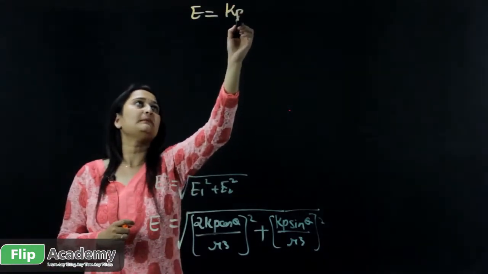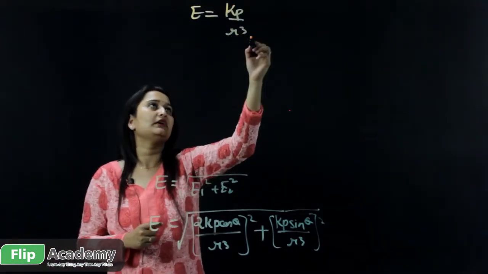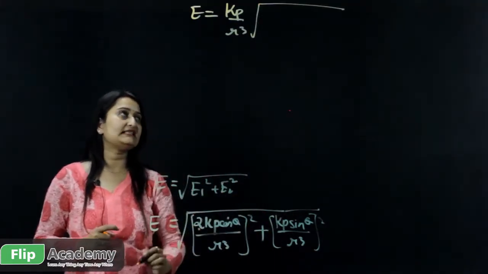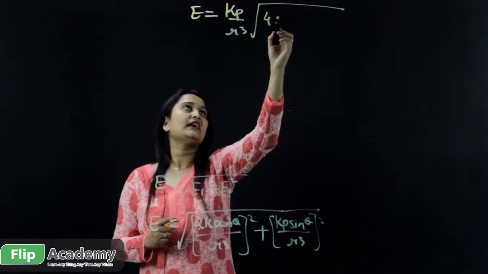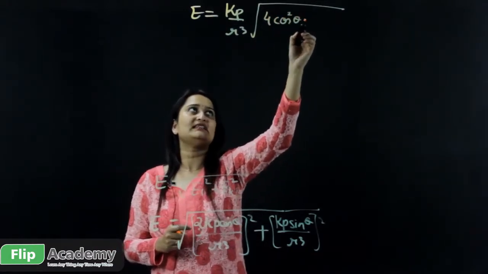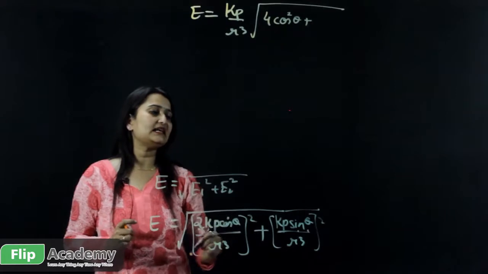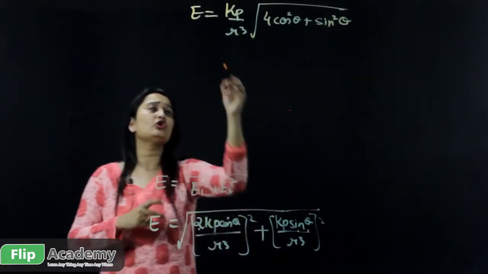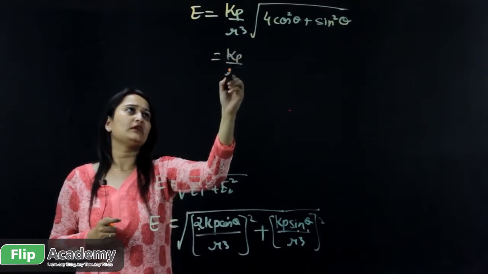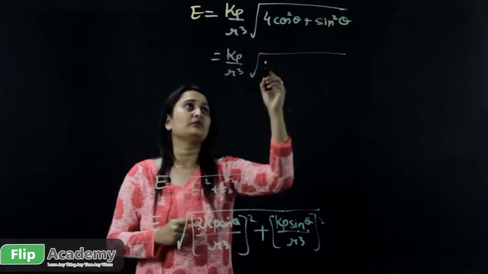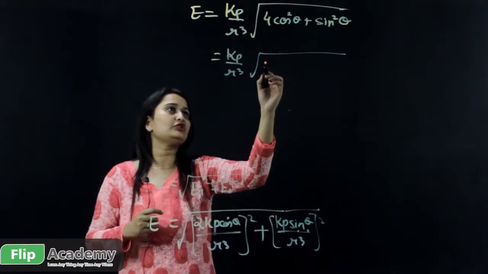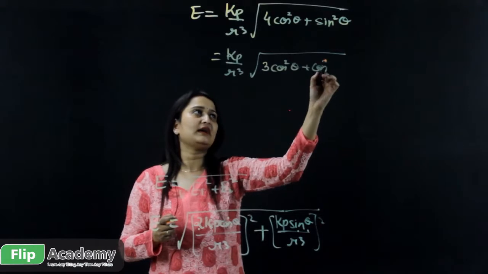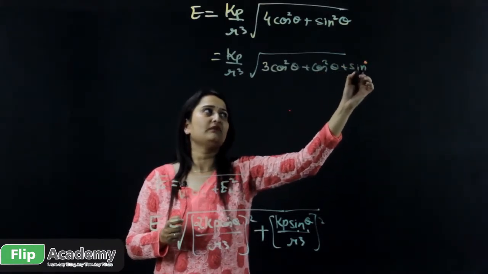So it becomes kp upon r cube outside the under root. Inside, 2 cos theta is left, so we can write it as 4 cos square theta plus, here sin theta is left, so it is written as sin square theta. Now on solving it, kp upon r cube remains like this under root. If we expand these terms, we can get 3 cos square theta plus cos square theta plus sin square theta.